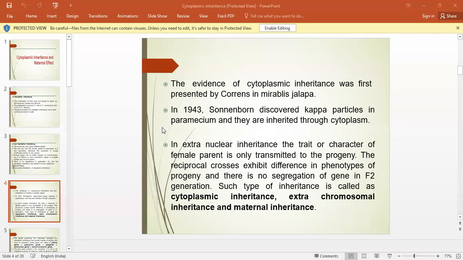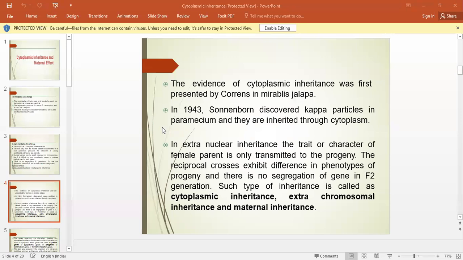And the sperm will only contribute the nucleus. Okay, that means when the zygote is formed, when the egg and sperm come to each other and fuse, what happens? The sperm only carries the nucleus from the male. It does not carry the cytoplasm and cytoplasmic organelles, because it is a very heavy thing.